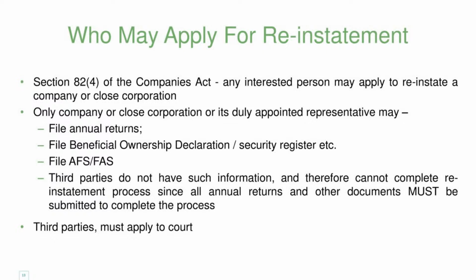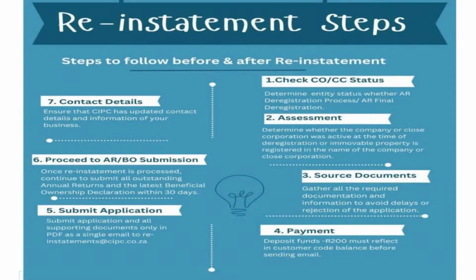Third parties do not have access to such information and therefore they cannot complete the reinstatement process, since all annual returns and other documents must be submitted to complete the process. Third parties may apply to courts to get permission. Okay, these are all the steps for reinstatements.